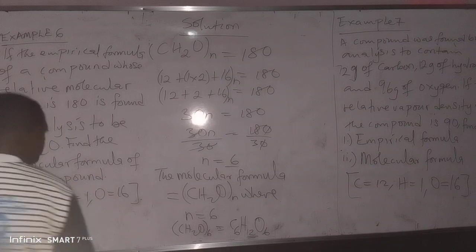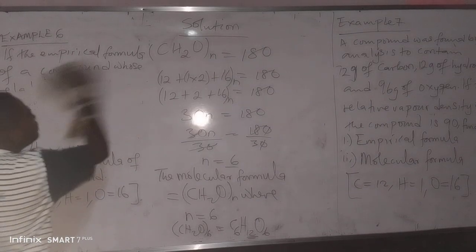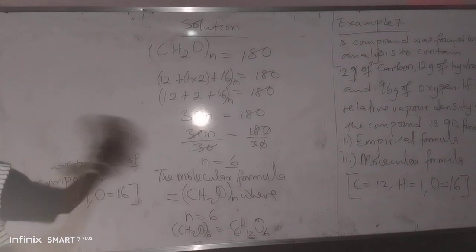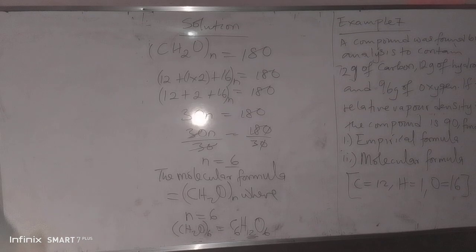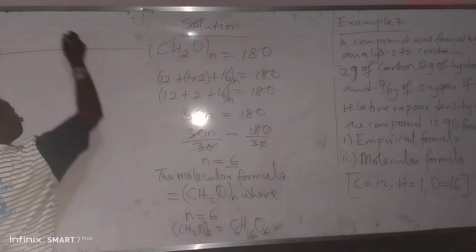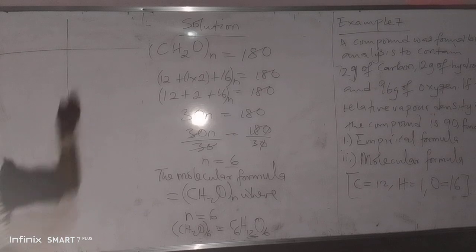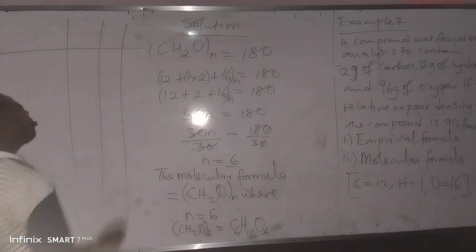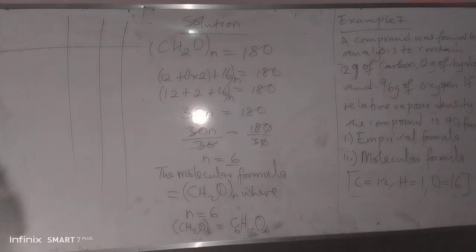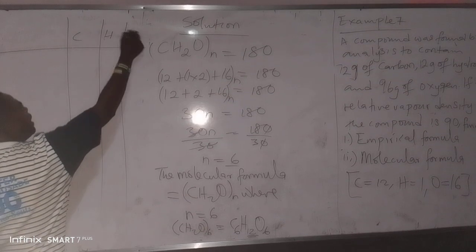So let's come to this place. First thing is to draw our table. Then we have carbon, hydrogen, and oxygen.